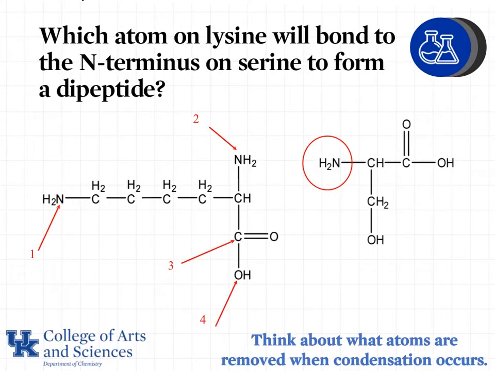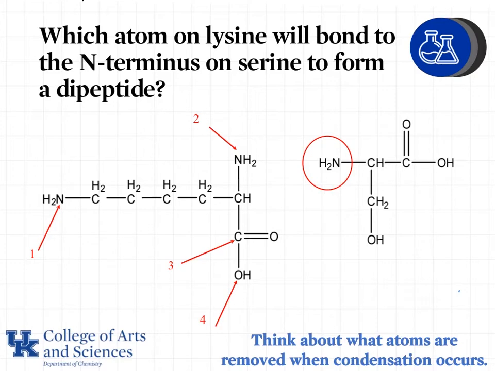Which atom on lysine, which is here on the left, will bond to the N-terminus on serine, which is on the right, to form a dipeptide? The thing we have to remember first is that we lose a water molecule. So the first thing I'm going to do is actually mark the atoms that I'm going to lose because I know that they can't be involved in the bonding.